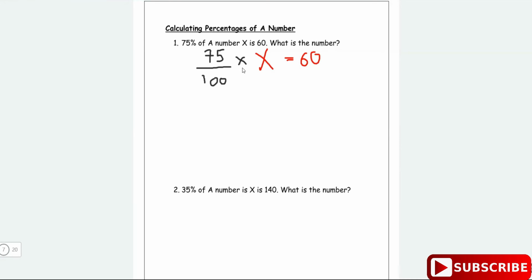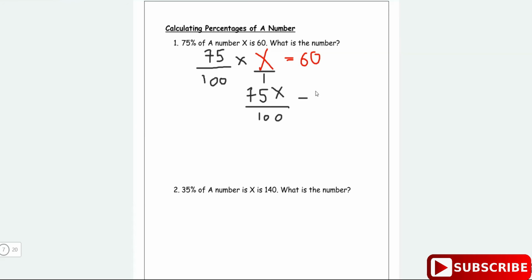Now, 75 over 100 times X equals 60. So in order to get rid of the times right here, we have to divide. Remember fractions: X is really X over 1. So 75 times X is 75X. This is 75X over 100, and that is equal to 60.